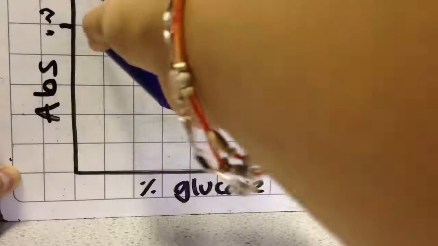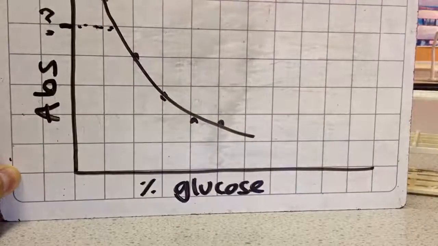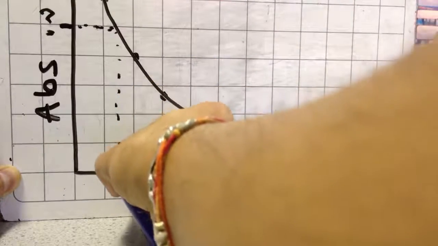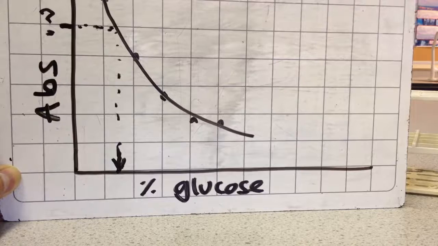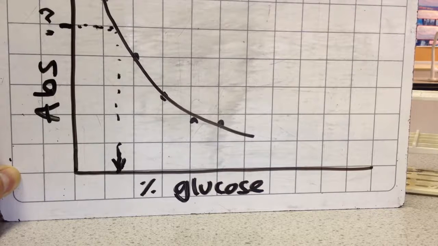So I would do an interpolation, something like this, reading along the line. Wherever it hits the line, I then read downwards. And that would be my percentage of glucose in the unknown solution.